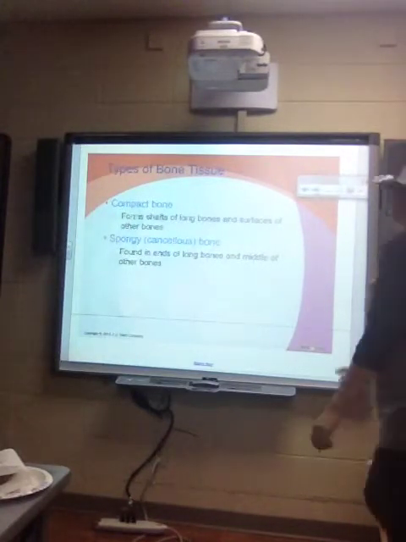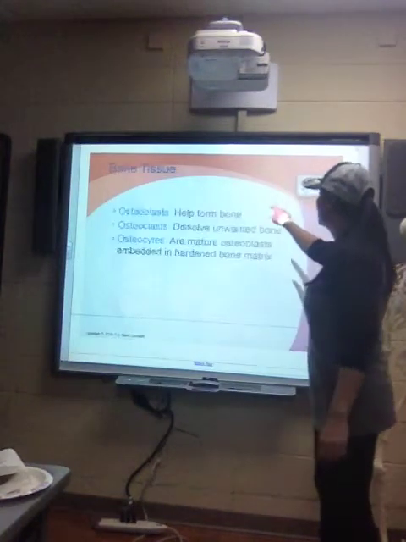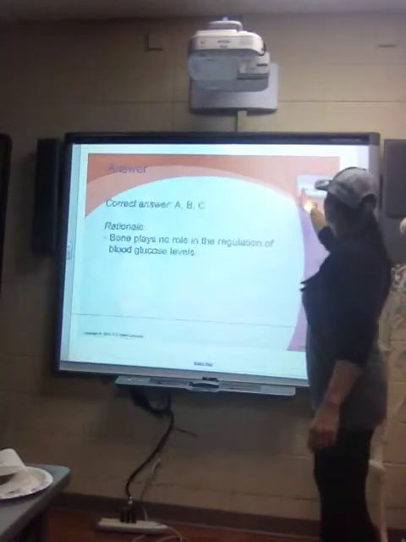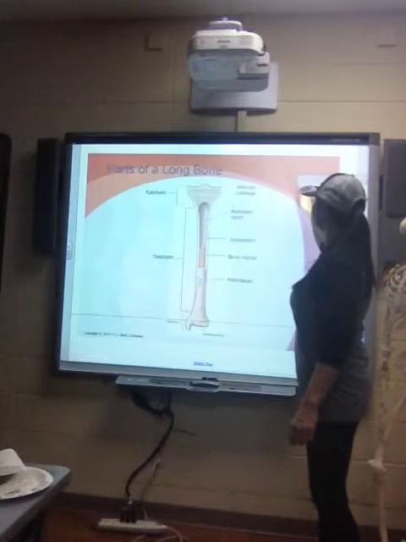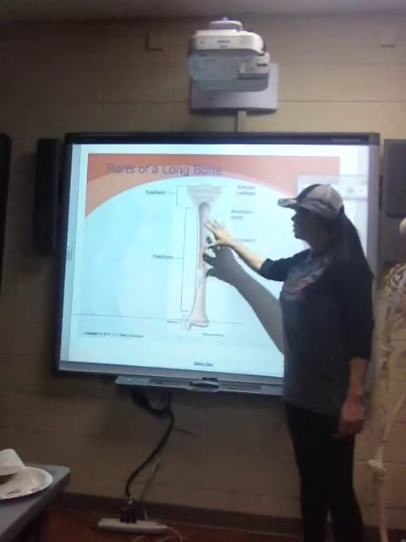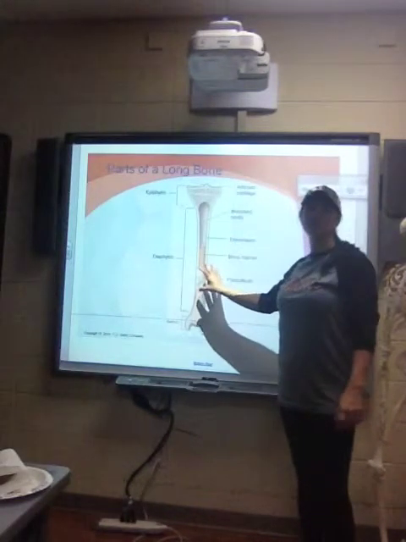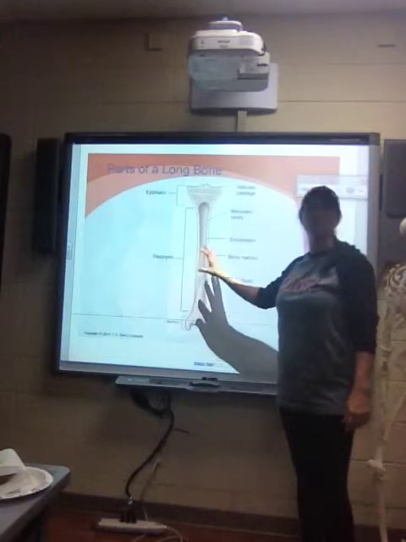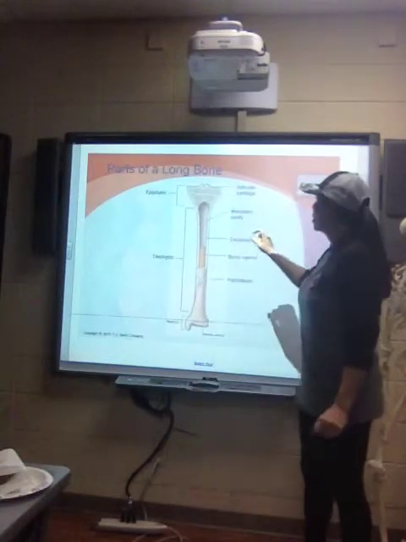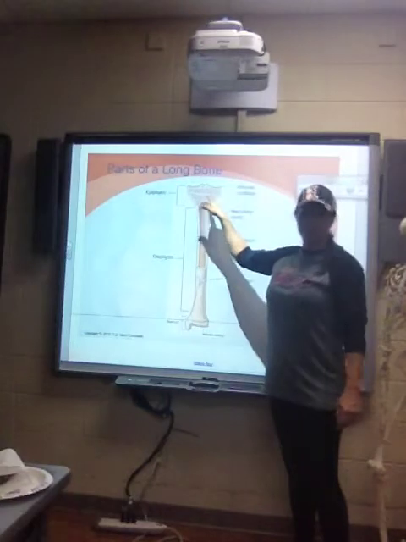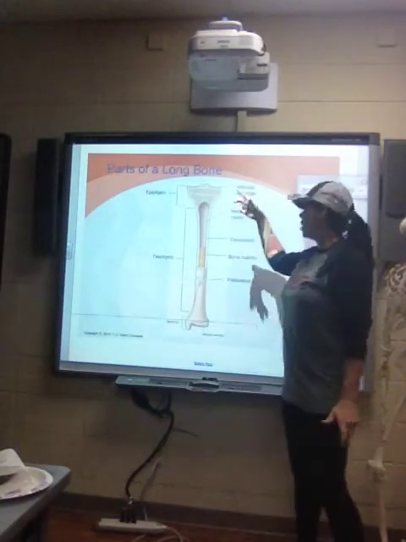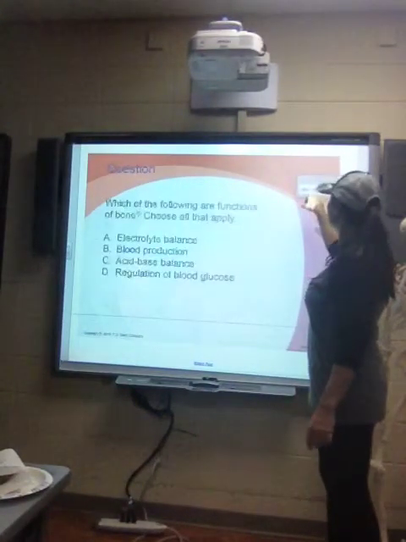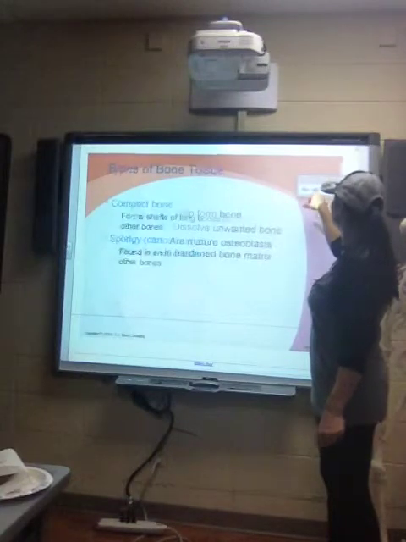Okay, let me go back to that picture because I want to talk about the two different types of bone that we have in our long bone. Here in the middle, the diaphysis is all made up of what's called compact bone. It's really strong, whereas spongy bone is found at the ends. Spongy bone, though, is strong as well.